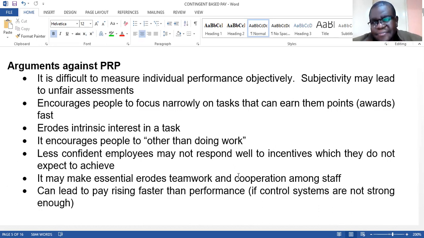However, there are arguments that have been advanced against the rollout of these PRP schemes. For the most part, it becomes difficult to objectively measure performances, and it becomes like a subjective process.